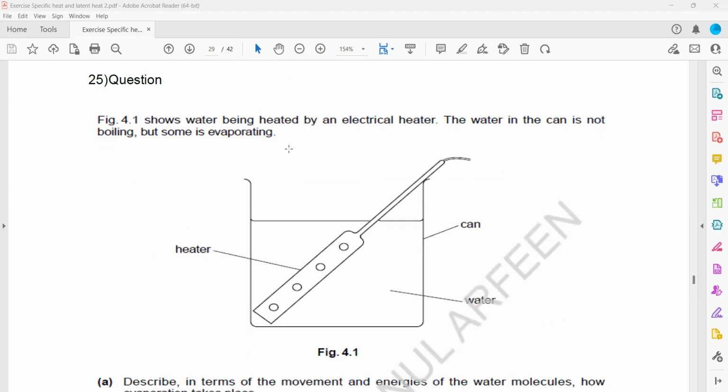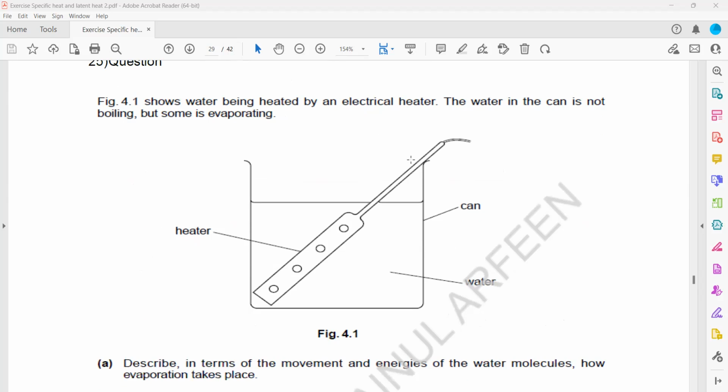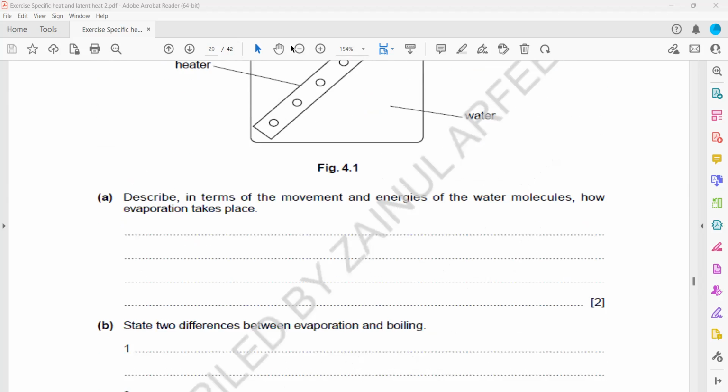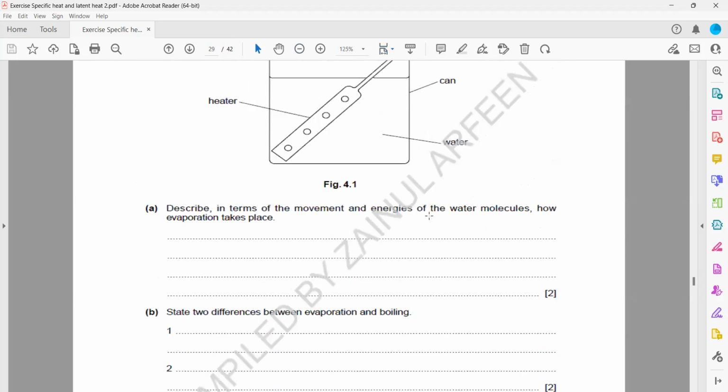The figure shows water being heated electrically. The water is in a can. It's not boiling but evaporating. Describe in terms of movement and energies how evaporation takes place. The most energetic molecules at the surface gain energy, break the intermolecular force and escape.